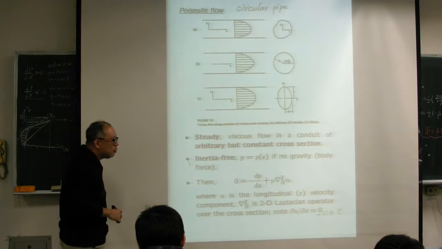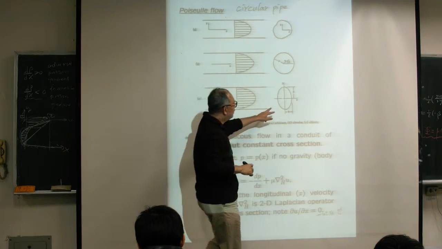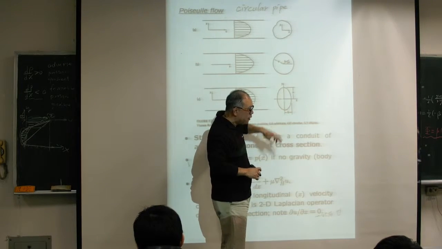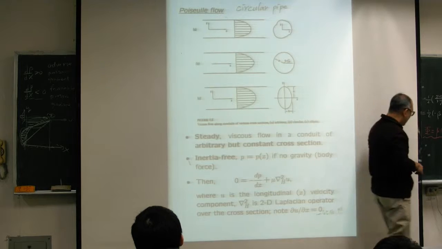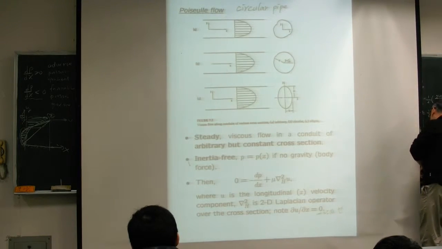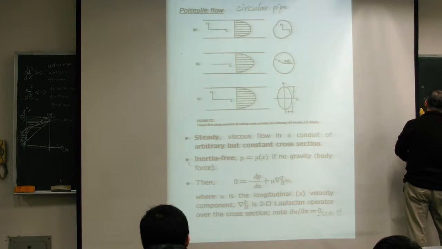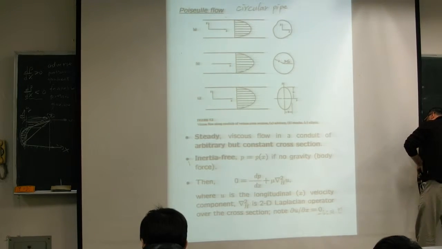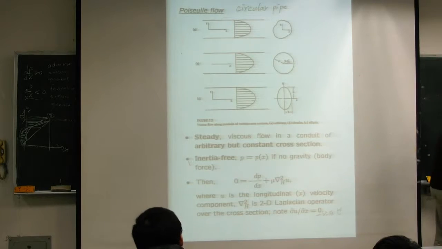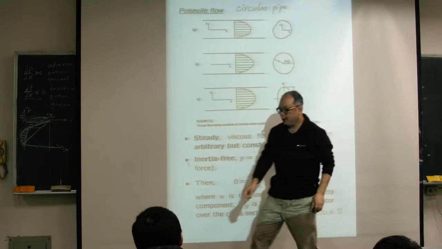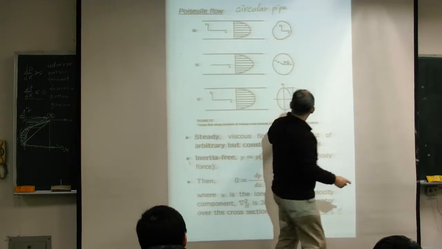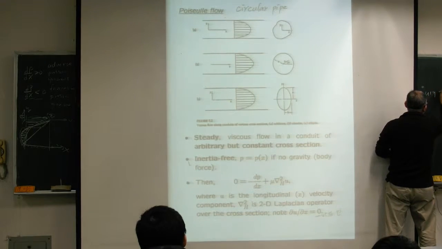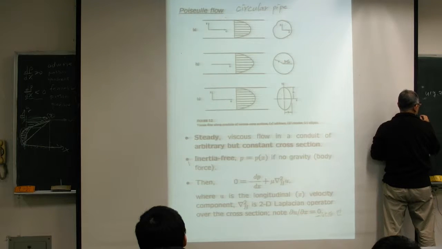We know that on our boundary, velocity is equal to 0, right? Our velocity u is a function of y and z, not a function of x.